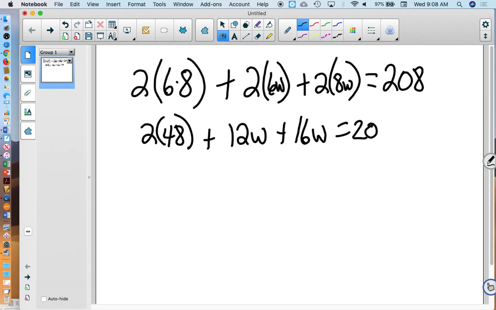Can you combine these 2 because they are like terms? Yes. And when you combine 12W and 16W, how many W's do you have, Trenton? 28W. And 2 times 48 is equal to what? 2 times 48, Matthew? 96.